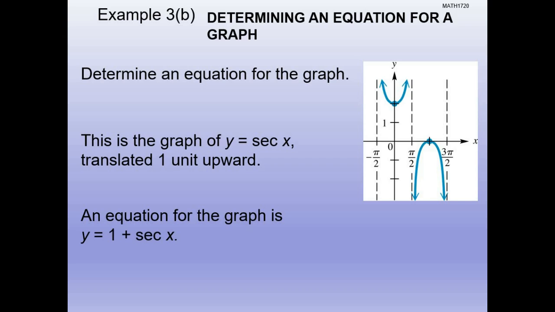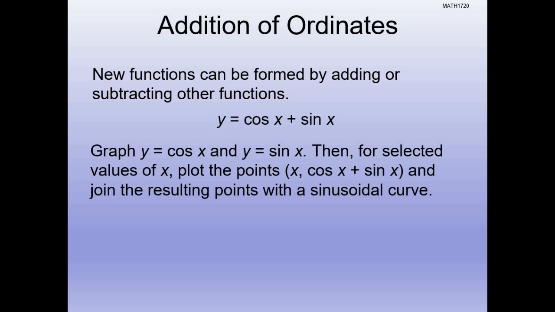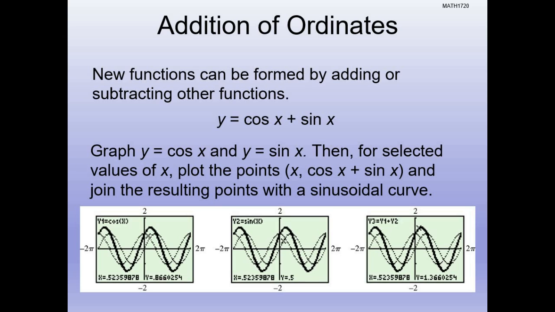Just so we know, we can create all kinds of new different functions by adding trig functions together. We could say y equals cosine x plus sine x. You could graph them separately, or you could graph it together and plot points and calculate the different curves. What you want to see here is your calculator terms.